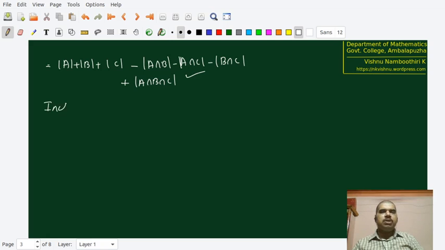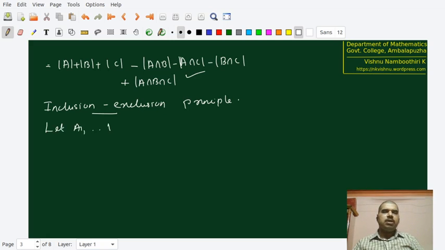So the inclusion exclusion principle is the following. Let A1, etc., An all be finite sets where n is greater than or equal to 2.